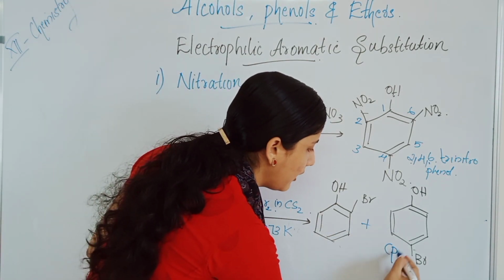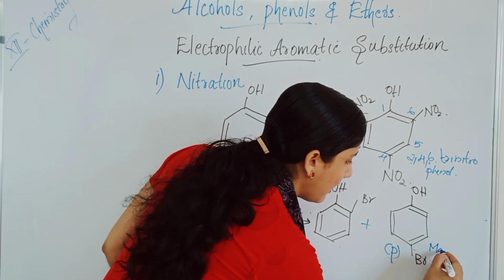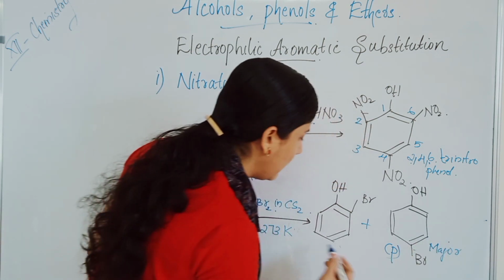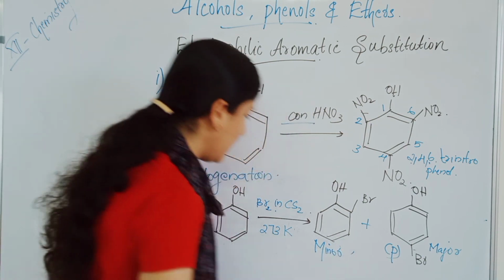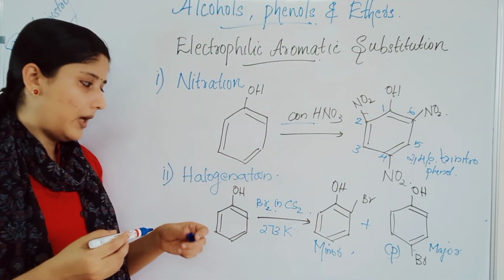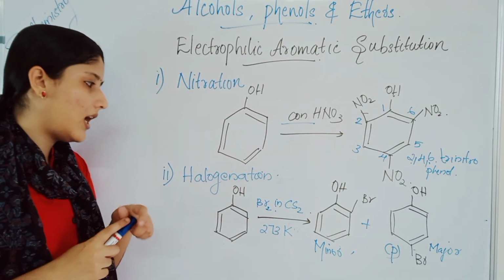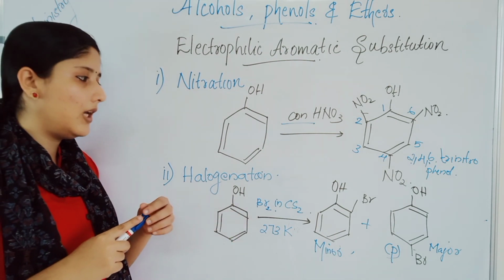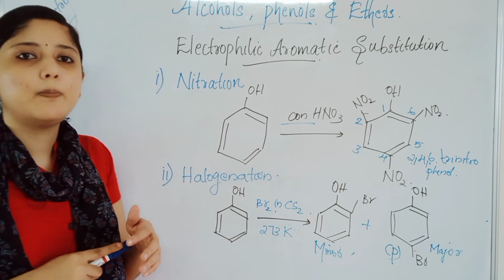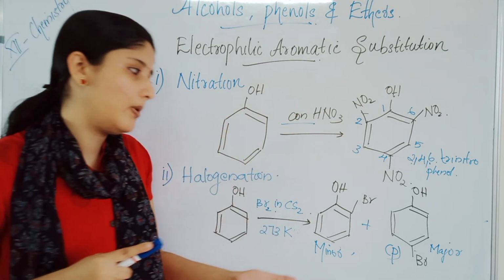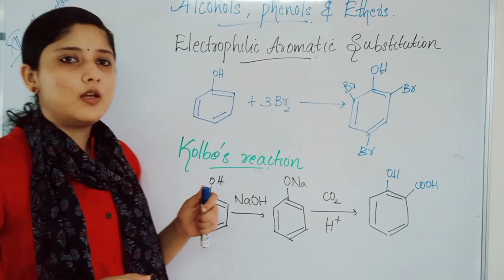But the para product will be the major product and the ortho product will be the minor product here. At 273 Kelvin, in bromine in carbon disulfide, phenol undergoes halogenation to form the ortho and the para products, and the para product will be the major product.